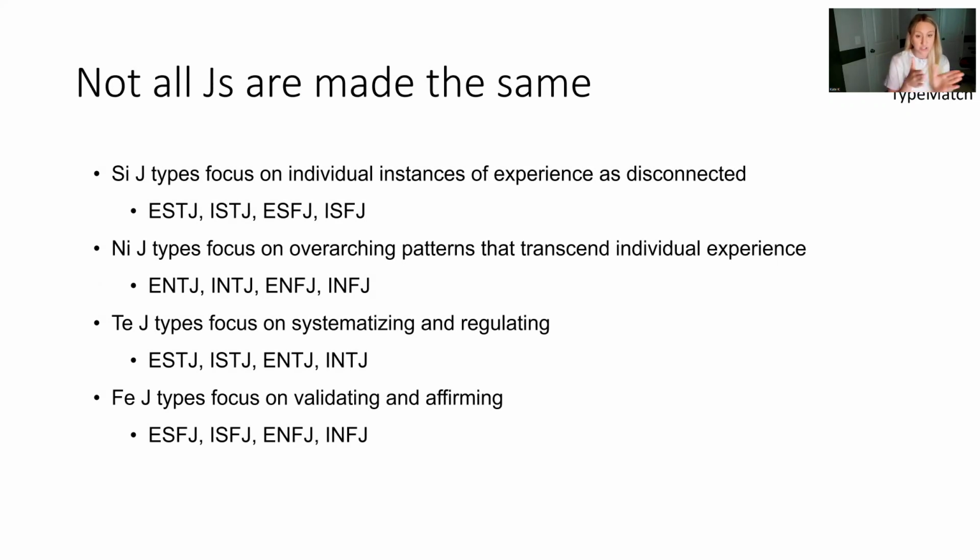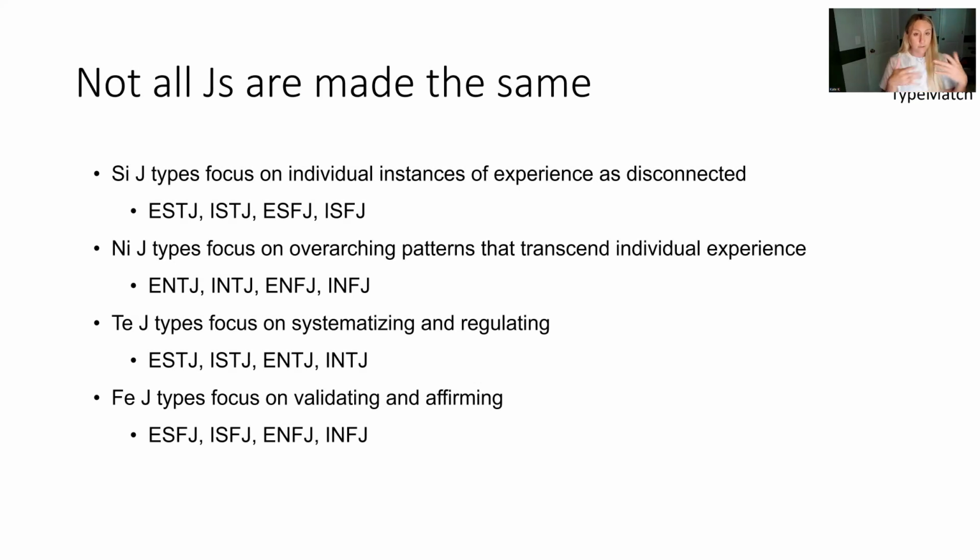SIJs, that's our SJ types, focus on individual instances of experience as disconnected from each other, whereas NIJs do the opposite. They focus on overarching patterns that transcend individual experience. Where it's like SI is an individual string, and NI is the thread between all of them.